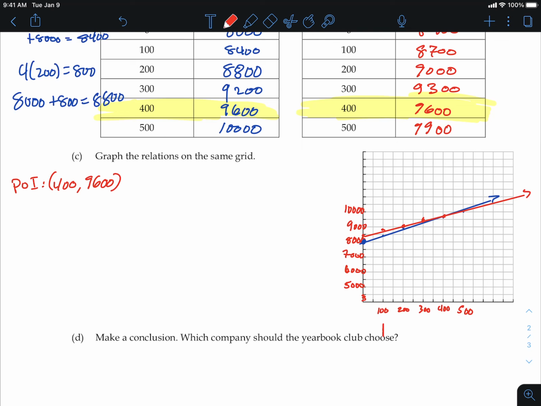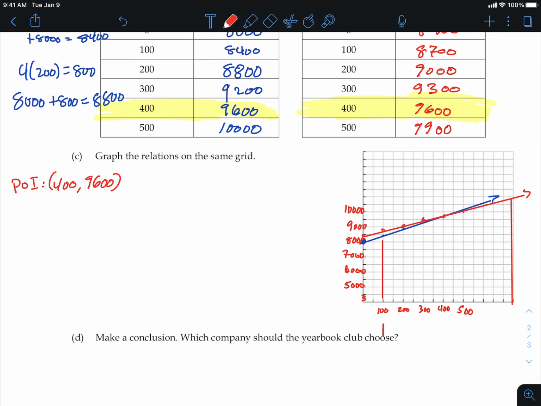The decision is I'm going to stand here at 100, and I'm going to go up, and whatever line I hit first is the company I'm going to order from, right? If I go to the other end, let's say I want 1,000 yearbooks, all of a sudden my decision has changed. I'm hitting the red line because it's cheaper.